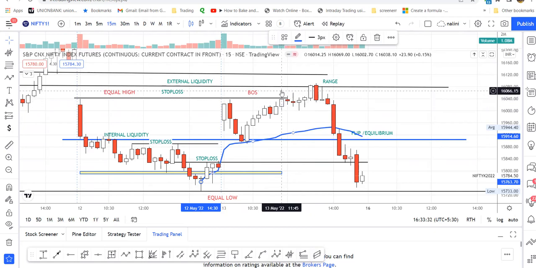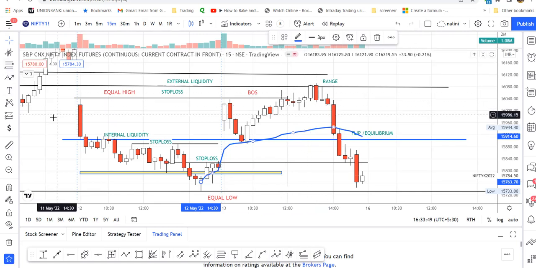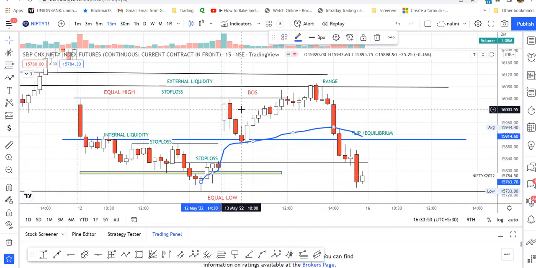The price went beyond this, and who will become active? The breakout traders will become active. Those breakout traders, by seeing this candle, will keep their stop losses here, beneath this.